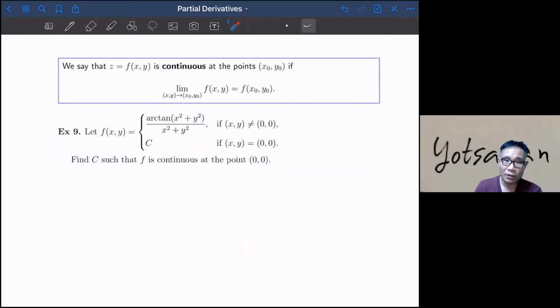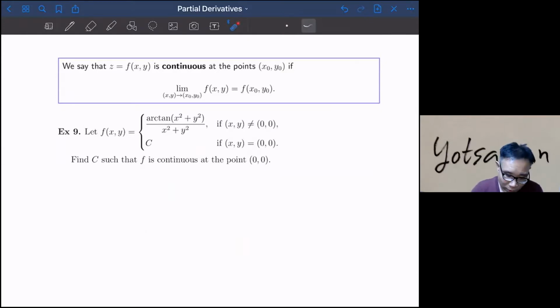Okay, so continuity means that the limit as (x,y) goes to (x0,y0) of f(x,y) turns out to be equal to f(x0,y0). So we'd like to find the constant c such that the function f is continuous at (0,0).